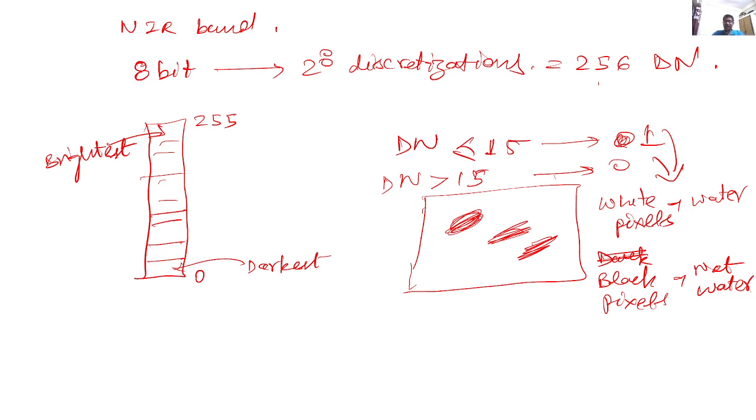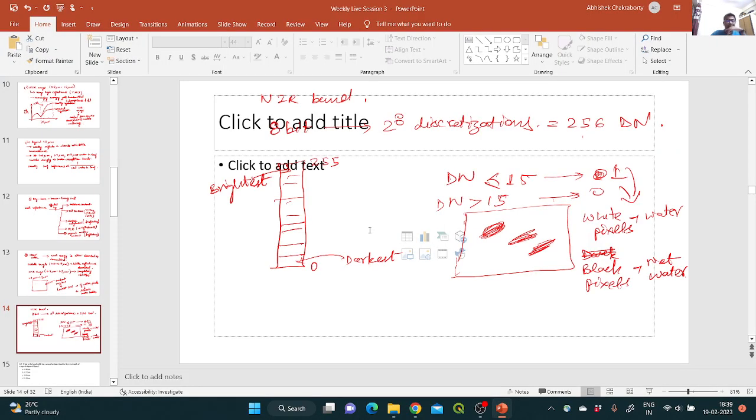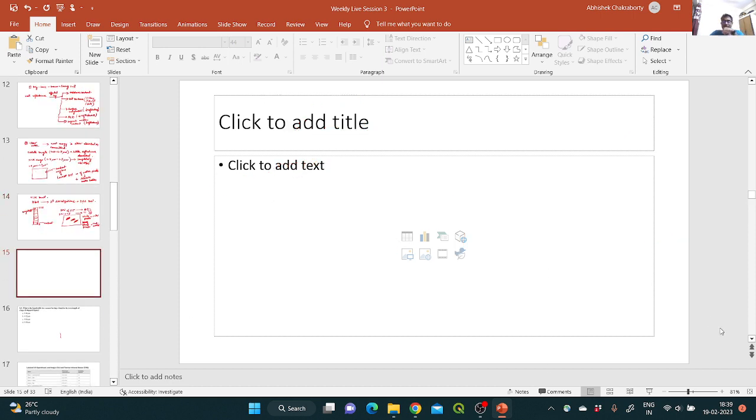Now, another very interesting reason why we are so interested in the spectral reflectance or the spectral features: in many cases, we develop spectral indices. Why do we develop them?